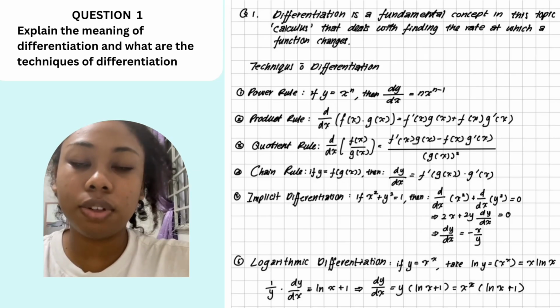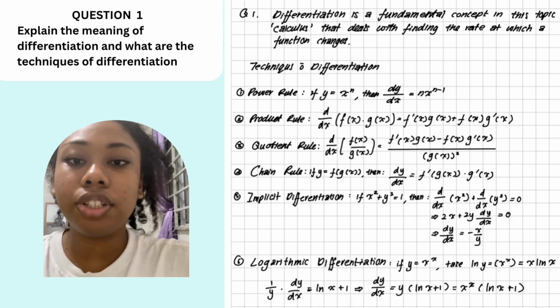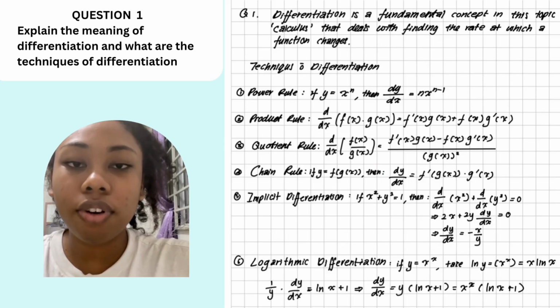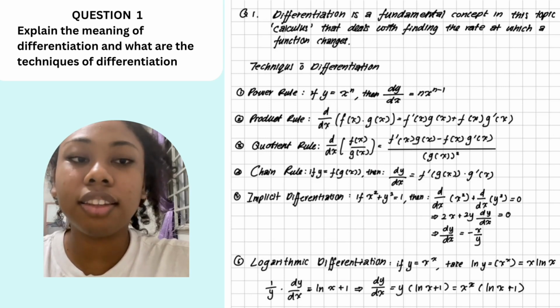The third technique is quotient rule, where the equation is d/dx (f(x)/g(x)) = (f'(x) g(x) - f(x) g'(x)) / (g(x))^2.